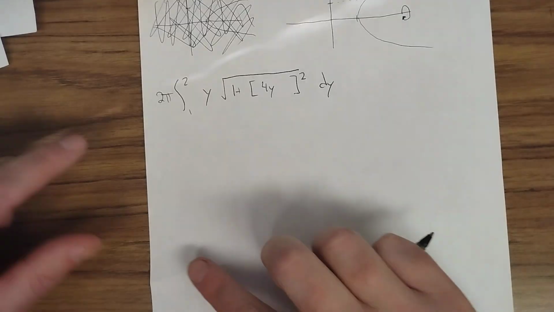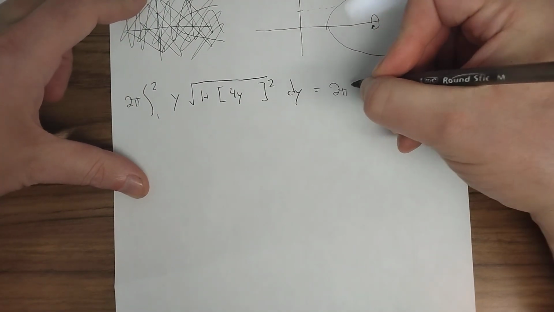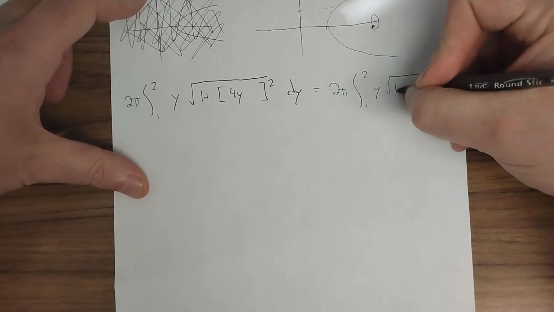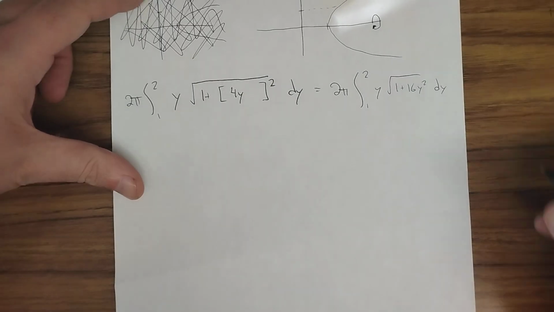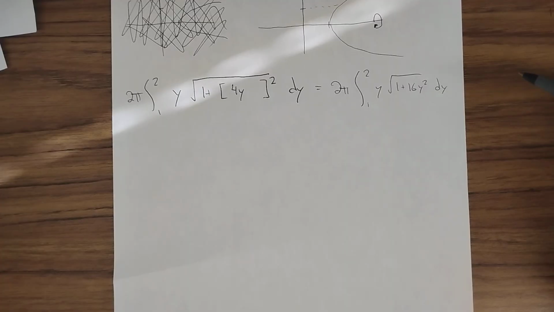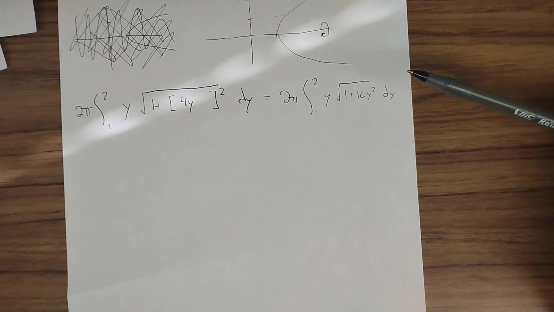Okay, let's do this integral. There's hardly anything going on right now. I just squared that out, so it's 16y squared. And now we think what to do. Okay, we have learned trig substitutions recently.